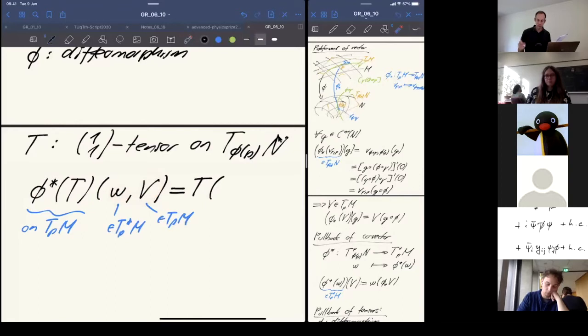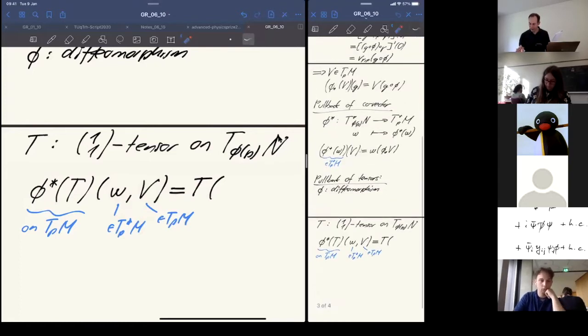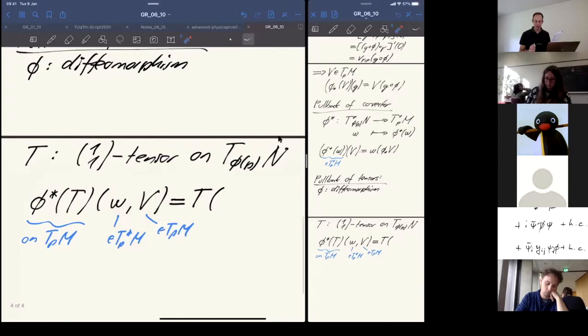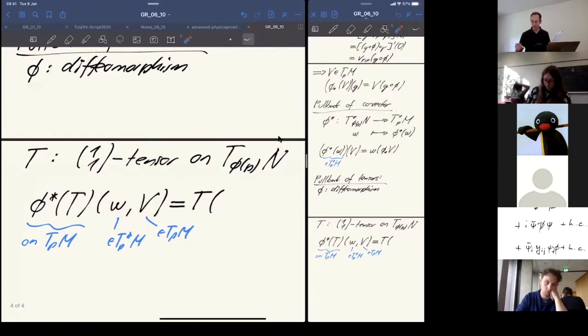So what we do is we move omega, which is an element of T_p star M, to be an element of T star N. But now we are in slight trouble, because in our previous construction, the pullback of a covector went from N to M. But now we want to go from M to N. Here it's important that I've written it's a diffeomorphism. I can just turn things around.